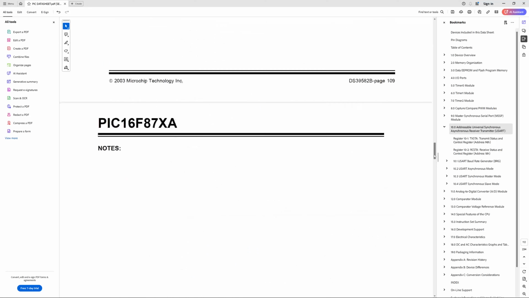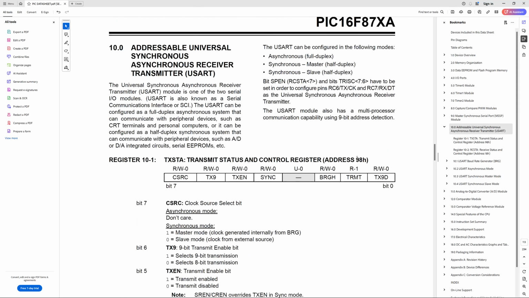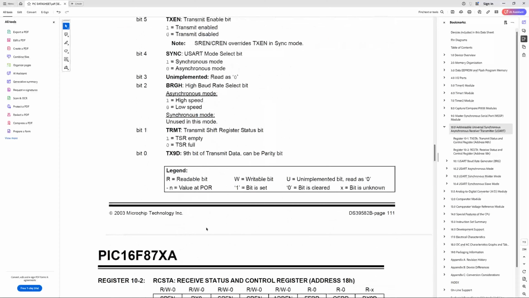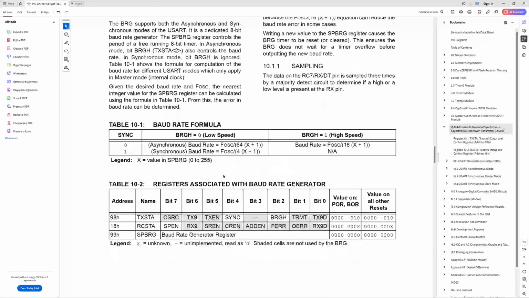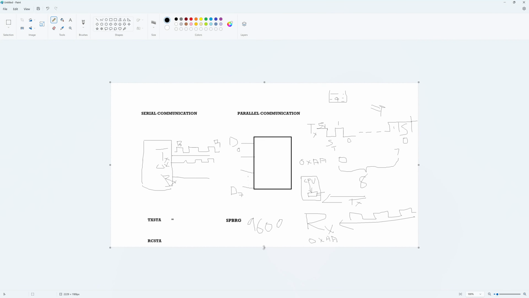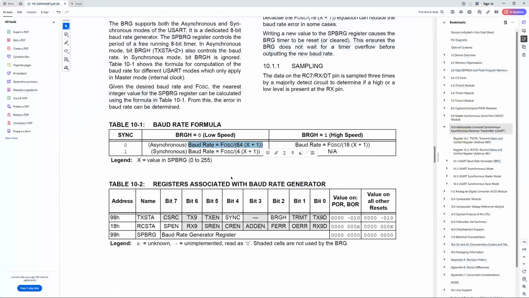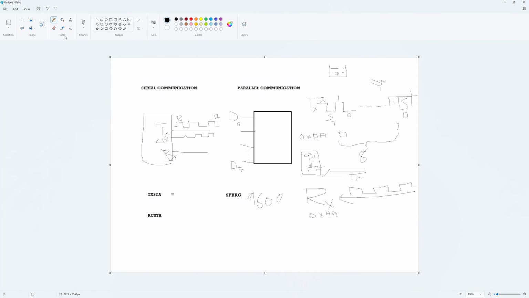Now, if you read the data sheet, they are telling you need to find out a particular value. So this is the equation to find out the baud rate. I'm going to write it over here. This is the equation.